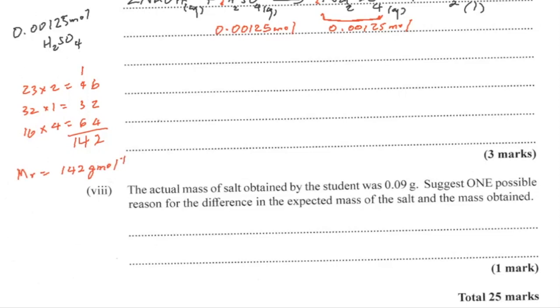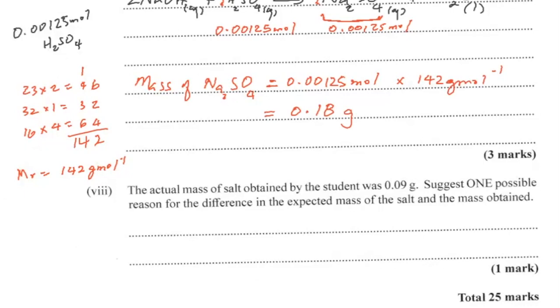So the mass of the sodium sulfate, the normal salt that would be formed, would be equal to the number of moles, 0.00125. For those who want to call it 1.25 times 10 to the minus 3 moles, that's fine. And we're multiplying by the molar mass, which is 142 grams per mole. I'm going to punch that in. That should give us 0.18 grams.